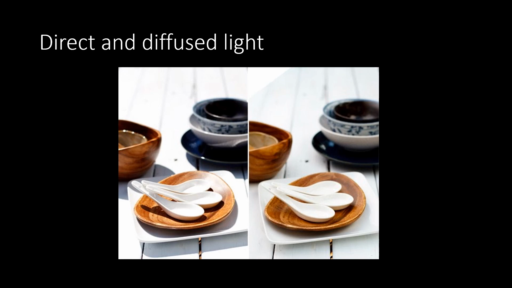Picture on the left, you have fairly well-defined shadows. You could almost pretend that they've been cut out of a piece of black paper and put down underneath the spoons. That's called direct light. Now, as we go along and as you experiment, I want you to try and think which type of subject responds best to which kind of light.